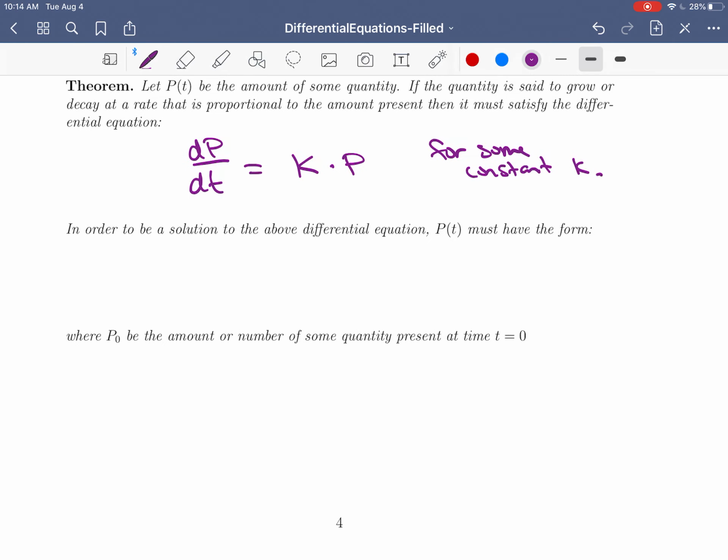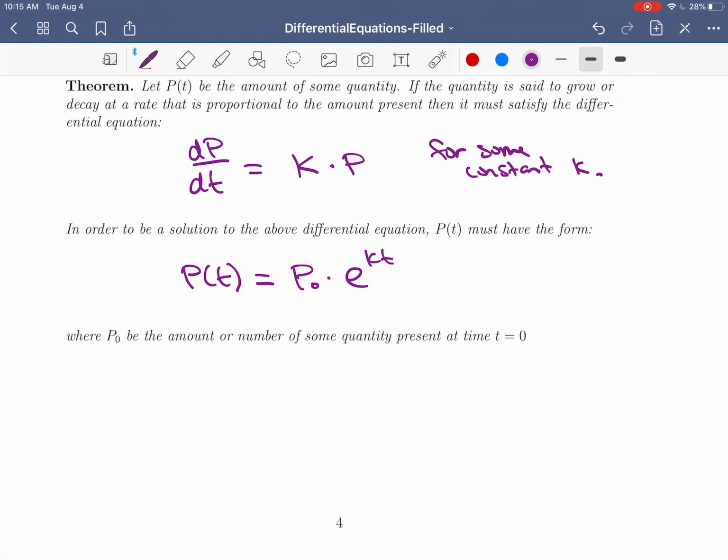In order for it to be a solution, P of t will always have the same form. I'm going to call it P0 times e to the kt, where P0 is the amount or number of the quantity at time 0.